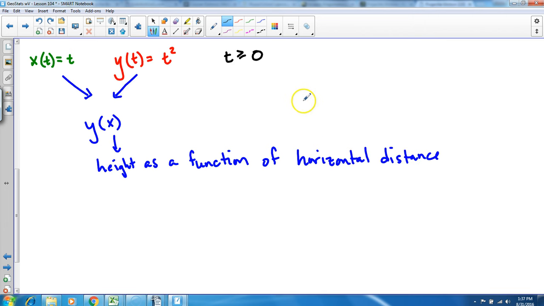And now we've eliminated time as a factor here, or more specifically as a parameter for these two functions. All right, so we can directly relate height to horizontal distance traveled, as opposed to having this parameter time that kind of governs what's going on with each individually.